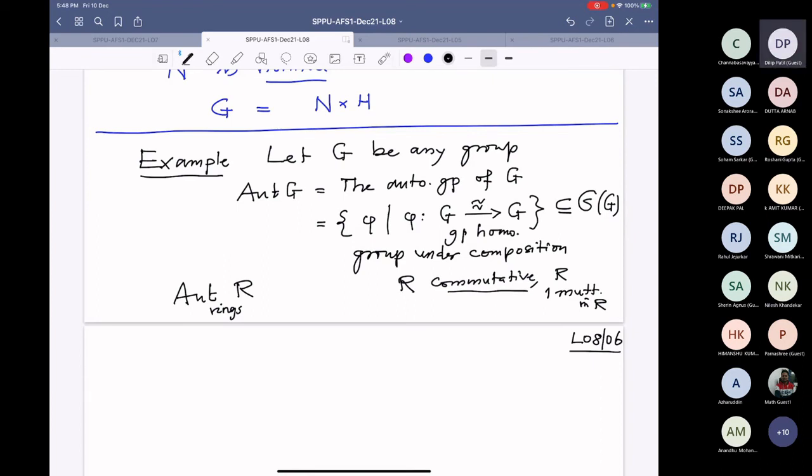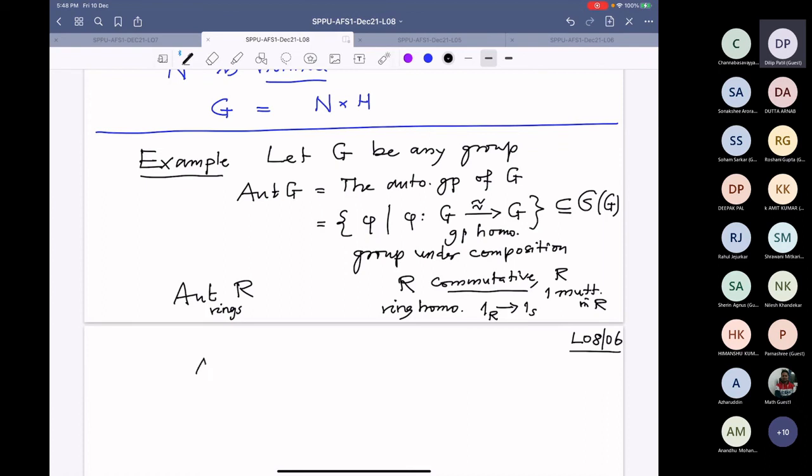That means they are bijective maps, they are ring homomorphisms, they should carry 1 to 1, and the inverse also should be a ring homomorphism. And for us, ring homomorphisms should always carry 1 in the ring to the 1 in the other ring, wherever you are defining the ring. Is that clear? These are automorphism groups.